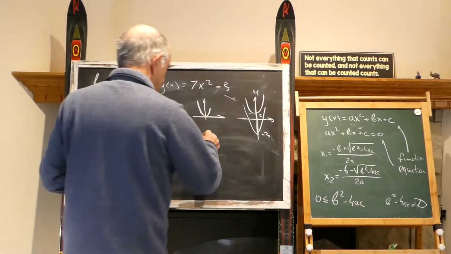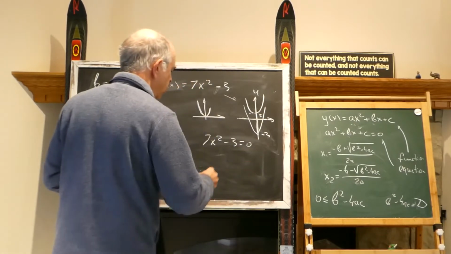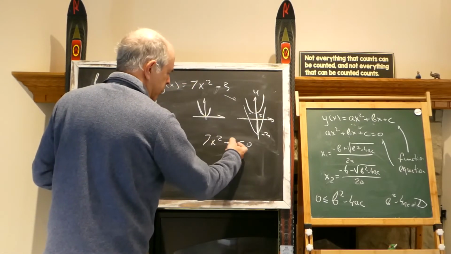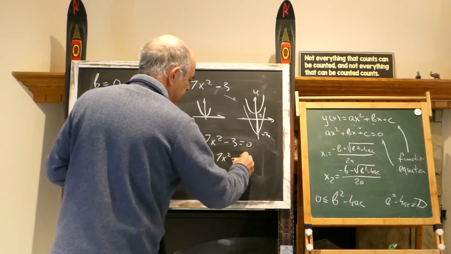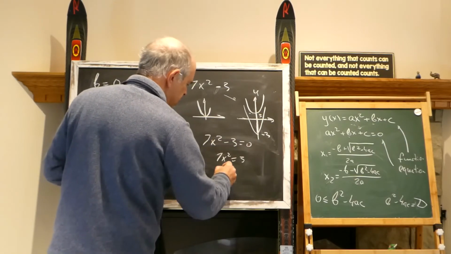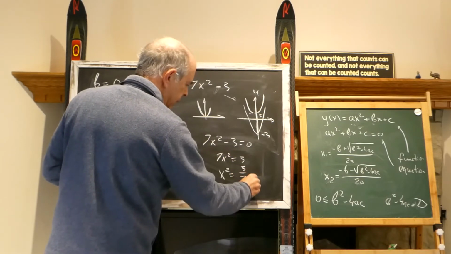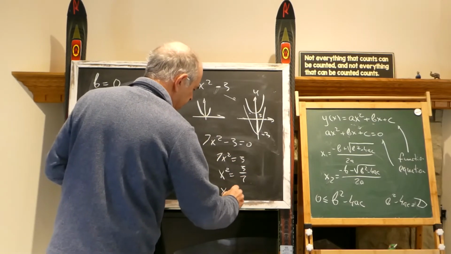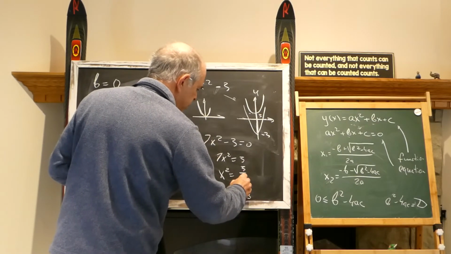And of course, it's possible then to solve this equation, 7x squared minus 3 equals 0, because this would be positive, this would be negative, and they will cancel out. 7x squared equals 3, move it here, change the sign. x squared equals 3 over 7, move it here to the denominator, and x becomes plus or minus the square root of 3 over 7. You can do it with your calculator.